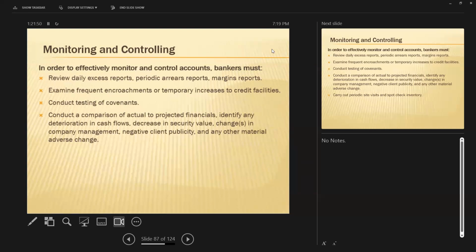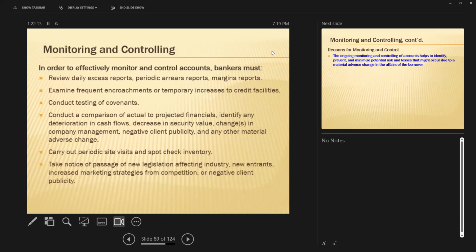Any negative publicity that the business experienced or is experiencing, and any other material adverse change to the particular business or businesses under review or customers under review. Carry out periodic site visits and spot check any inventory, and this is for business accounts. Take notice of passage of any new laws, legislation affecting the industry, any new entrants into that industry.